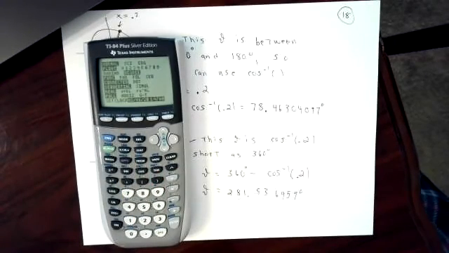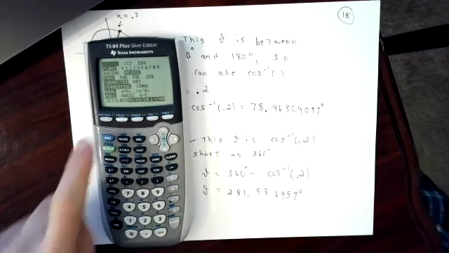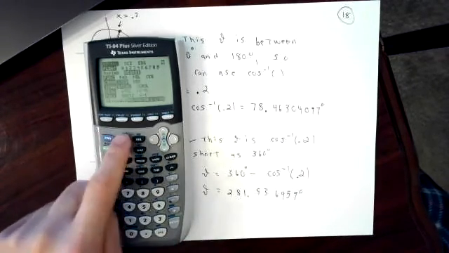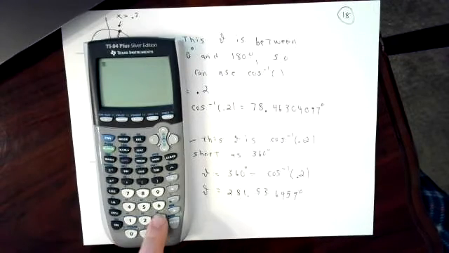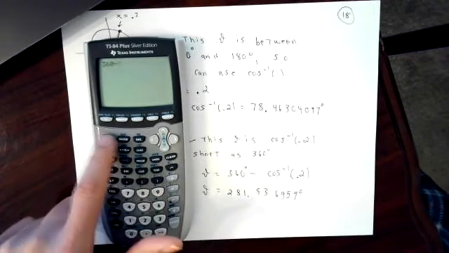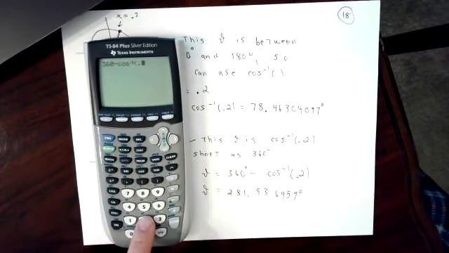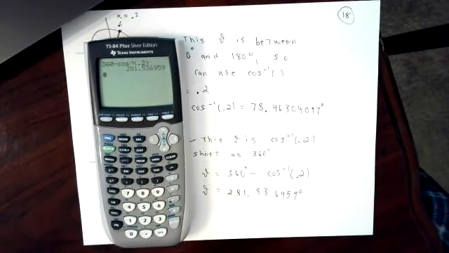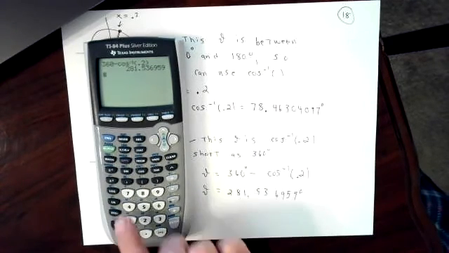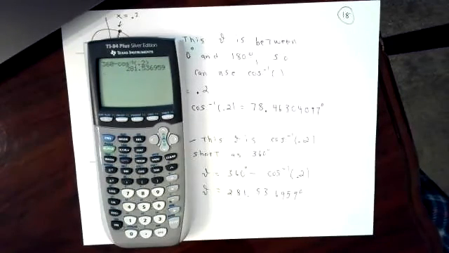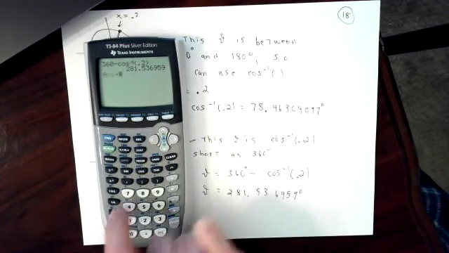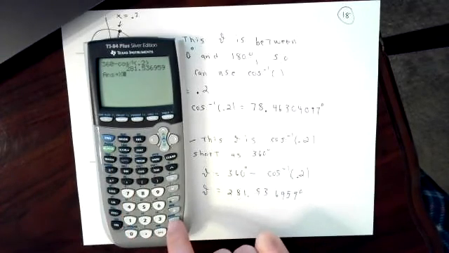Now, I've reset my calculator into degree mode because that's what I'm doing here. I want to calculate 360, that's in degrees now, minus the inverse cosine of 0.2, and this gives me my 281.5 degree angle. To keep from having to type the digits again, I'm going to store that into the x variable.